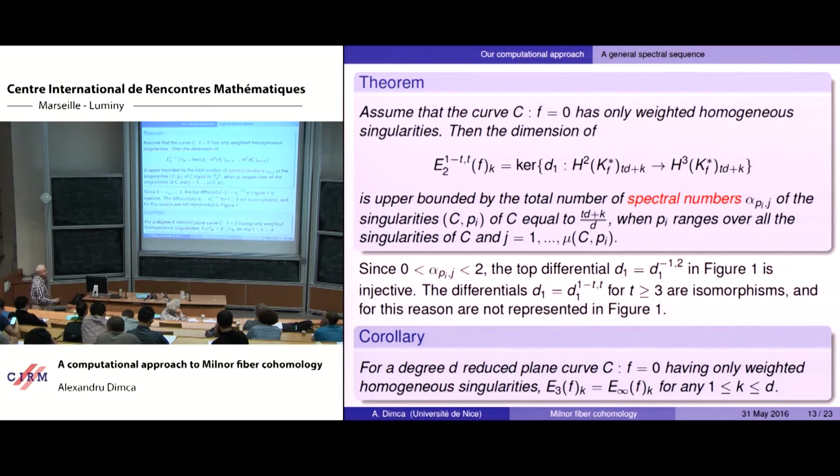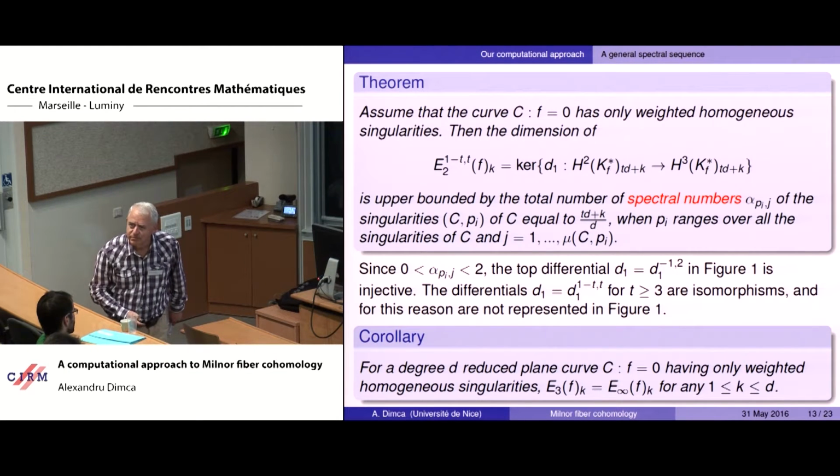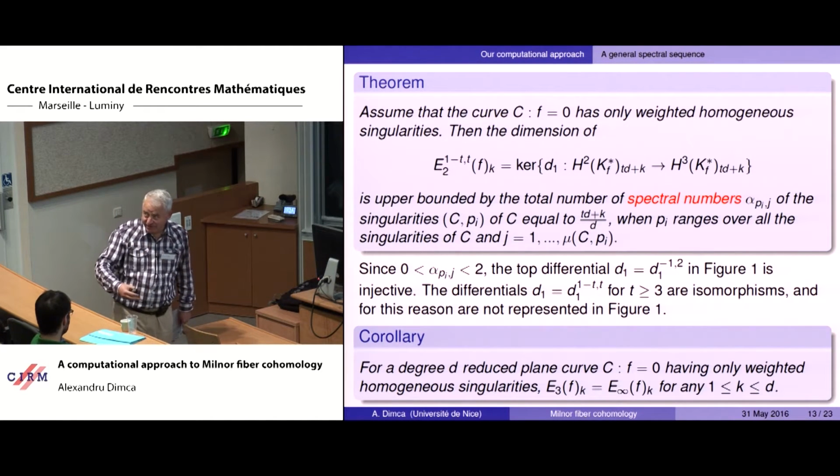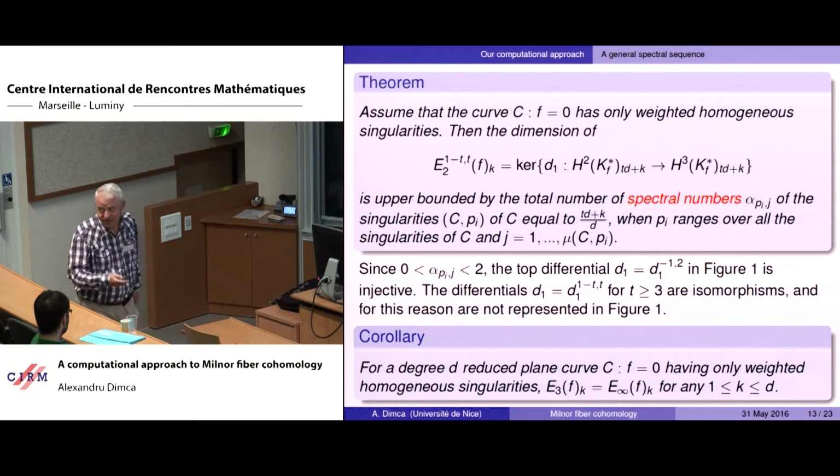Do you have a conjecture in terms of some invariants of singularities about where the spectral sequence should degenerate in general? No, I don't have a conjecture. I have proved many years ago that for arbitrary hypersurfaces it converges in a finite number of steps, but I don't know after how many steps. And it's an interesting question.